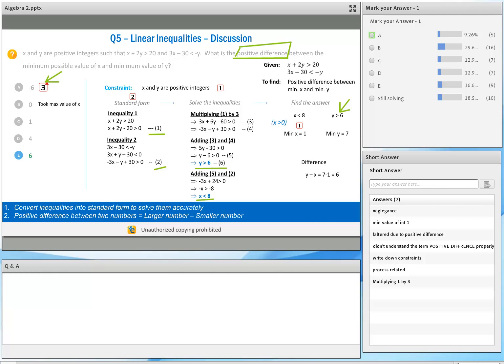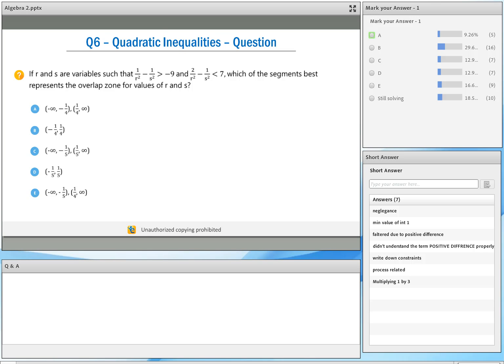Okay, so let's now move on to our next. Question number 6 I will skip, and there's a very big reason for that. I want you guys to solve this question on your own, but after you have revised, after you have learned the details of quadratic inequalities and linear inequalities. So go through the concept files in detail, go through this session recording once more if needed, and then solve this question, because this is a very good question.